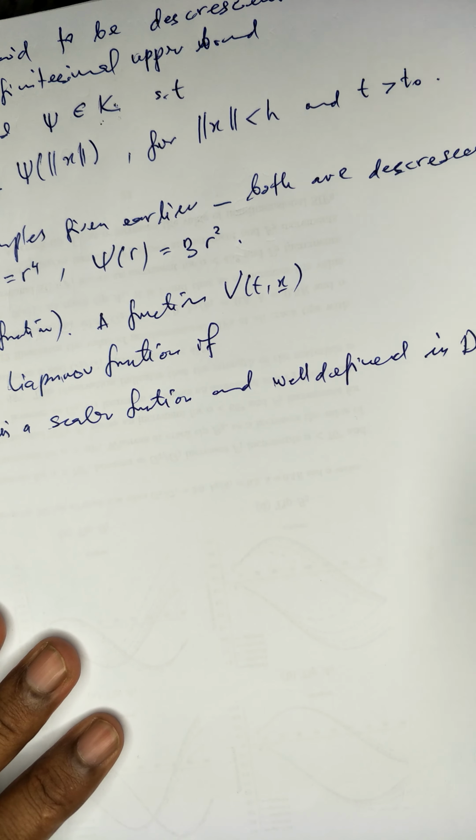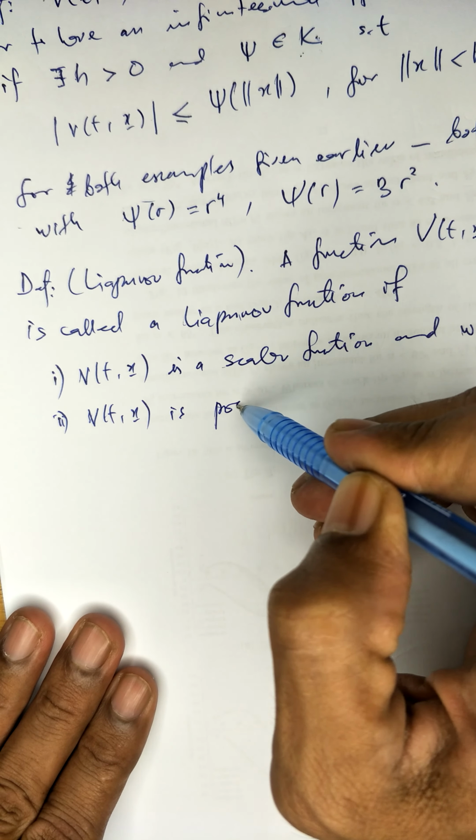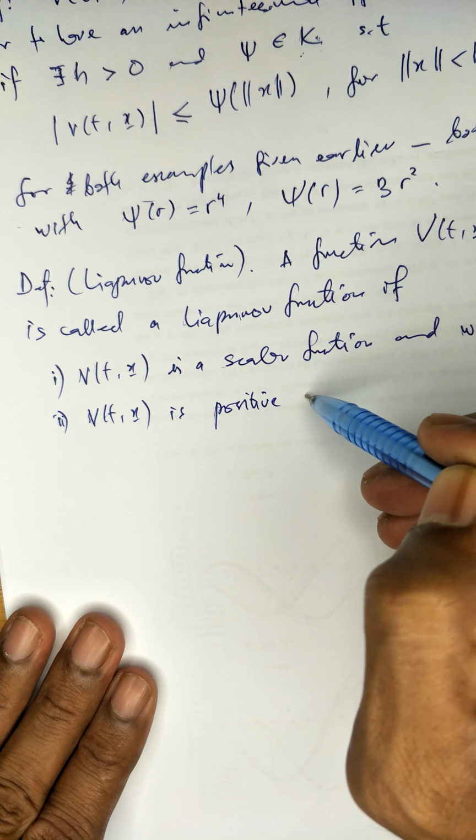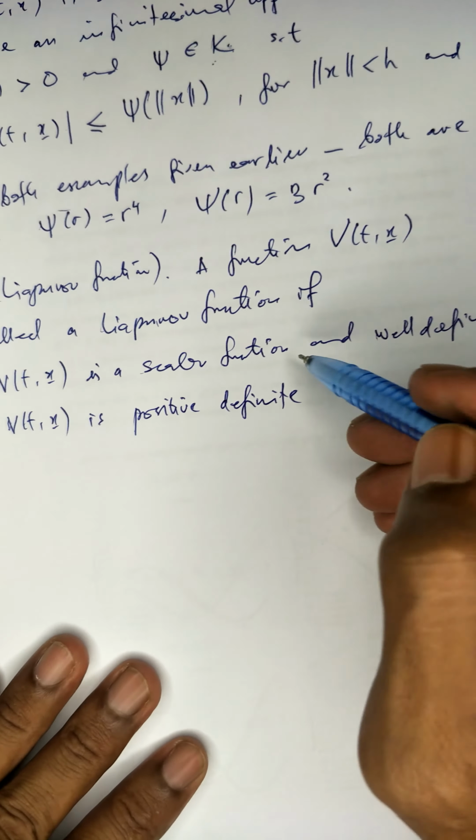Condition 2, V(t, x) is positive definite and decreasant.